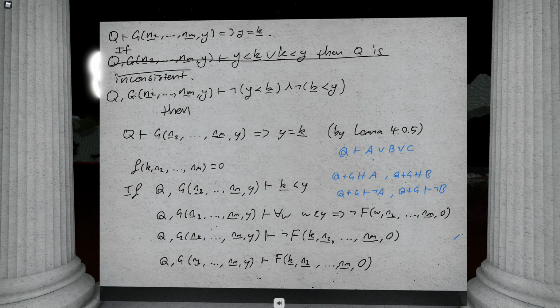But the argument that I want to use is something like Q can prove A disjunct B disjunct C, and the only way that Q is able to prove the disjunction of 3 things is like in 6 different ways.